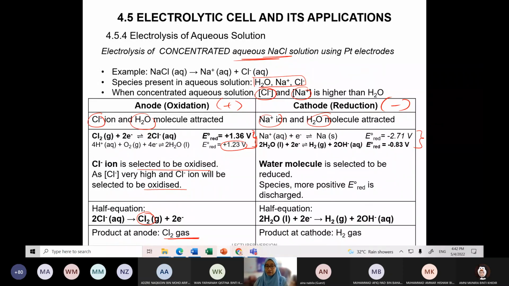Even though the concentration of sodium ion is larger, it will still not be discharged at the cathode. Water will still be discharged at the cathode.